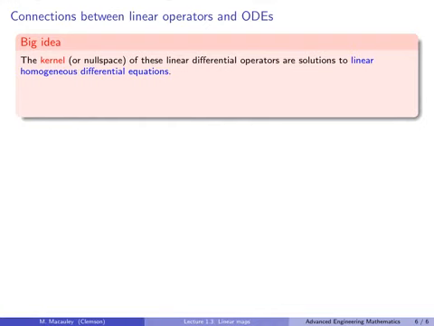Let me summarize what we just learned. And remember, this is still a preview. We will go into it in more details in the next set of lectures. So the big idea in the last slide was that the kernel, or the null space, of these linear differential operators are solutions to corresponding linear differential equations.